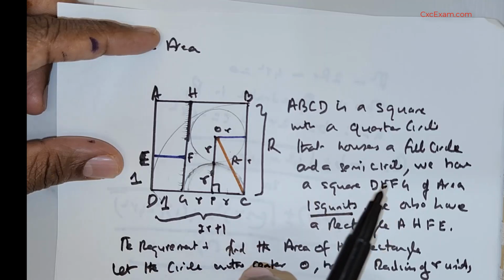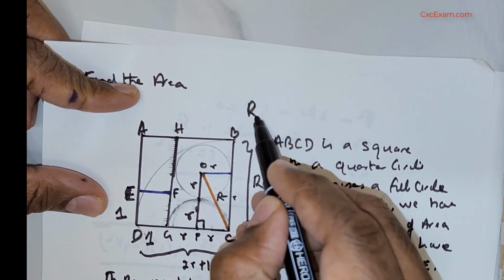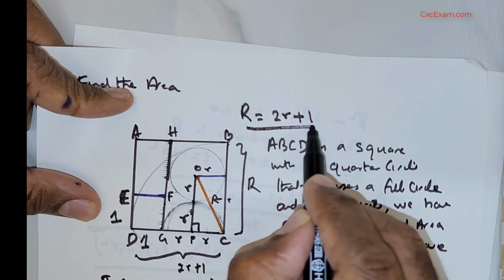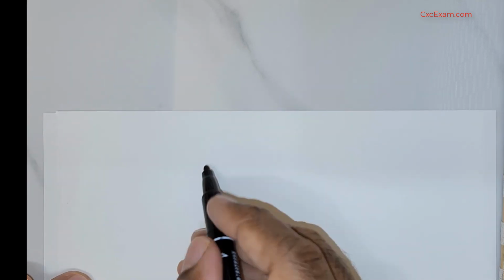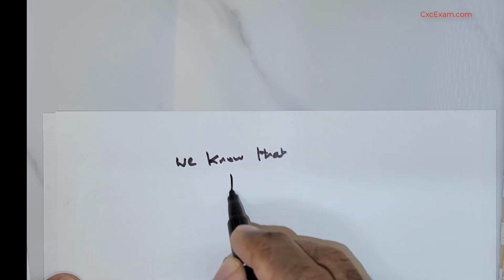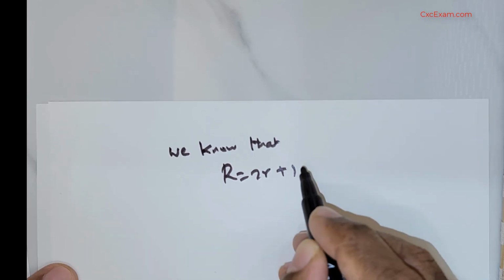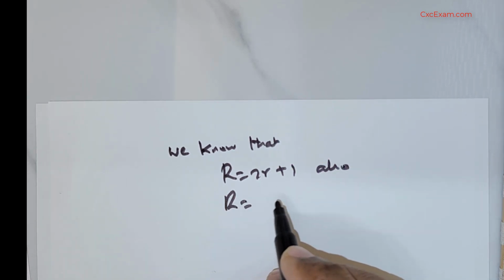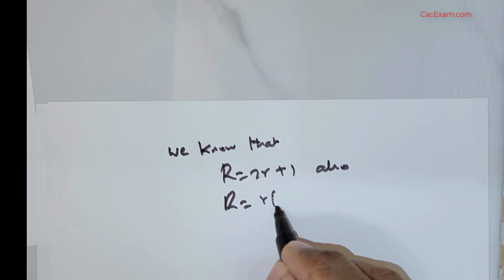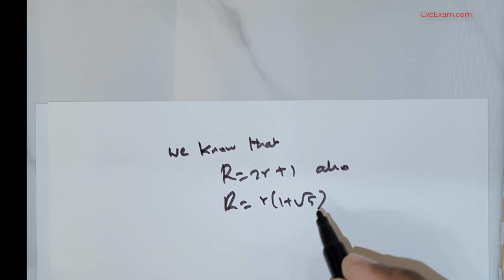Okay, so that in turn means my capital R is also represented as 2r plus 1. So let me go back here. You know that capital R is equal to 2r plus 1. Also capital R is equal to what? R of 1 plus root of 5.